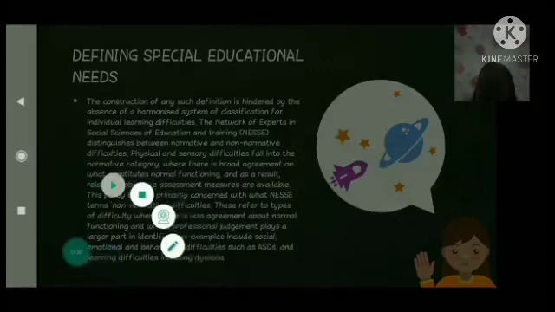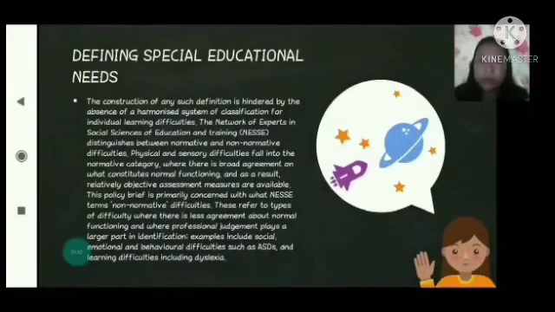So, ano nga ba yung physical difficulties? Ang physical difficulties ay nakikita sa physical at nakakaapekto sa pagkilos at kakayahan ng isang tao. Ito ay maaaring namana or nakuha dahil sa isang aksidente. Ang halimbawa nito ay ang brain injury at epilepsy.